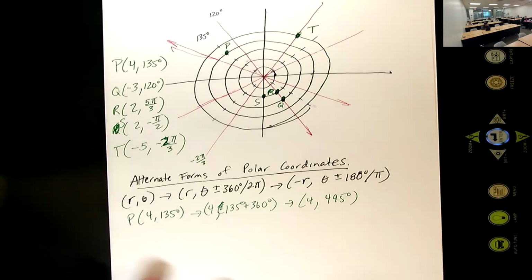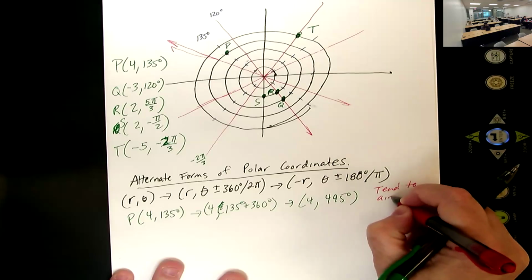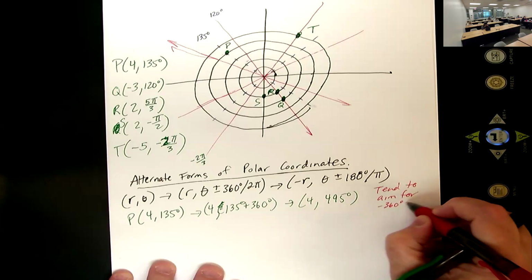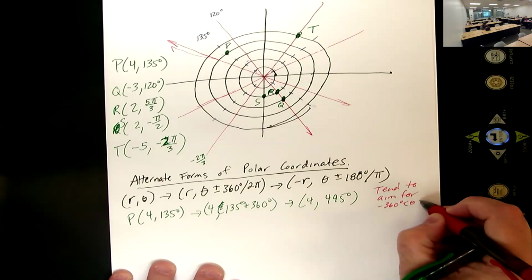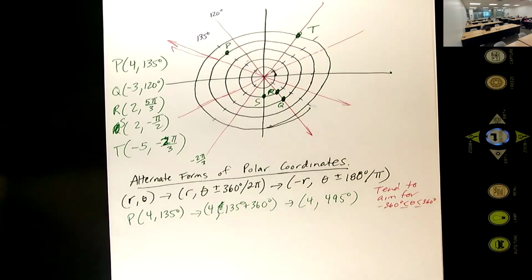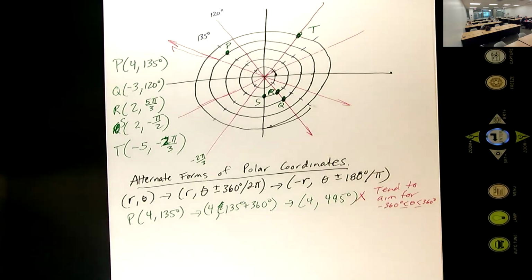Most times we don't do that. We tend to aim for negative 360 to 360, so going more than one loop seems ridiculous. That's probably one we wouldn't use.